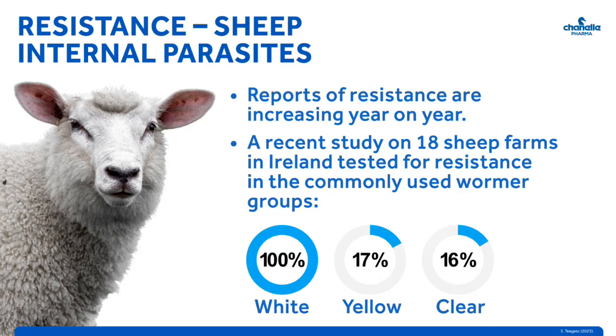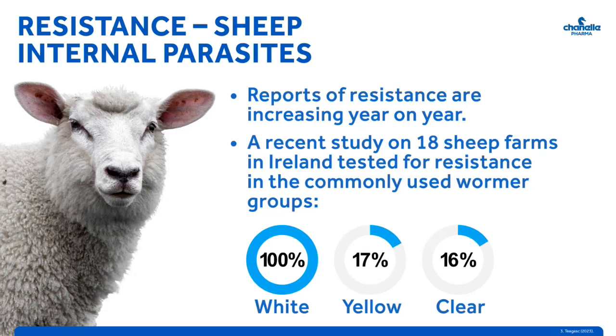So in this study from 2023, 18 sheep farms were examined across Ireland, and there was testing undertaken to assess the level of resistance to commonly used wormer groups. In this study, 100% of parasites examined were resistant to the white class of wormers, the benzimidazoles.